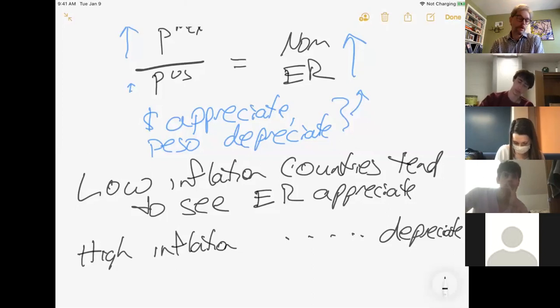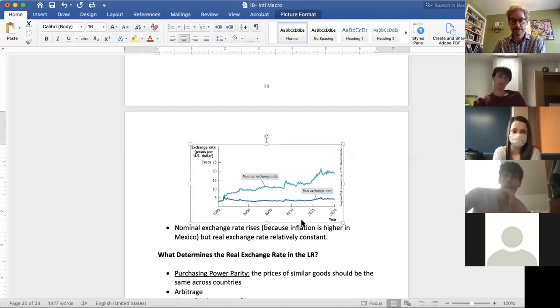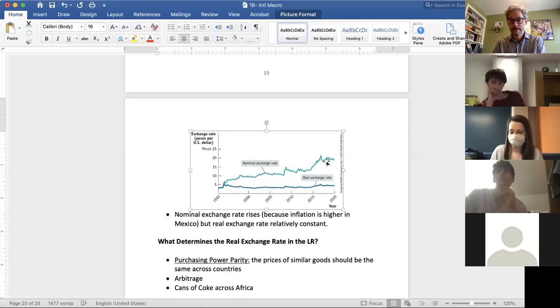So for instance, over the long term, the dollar tends to appreciate against the peso. I think I just showed you some data here, a figure that shows exactly this. Notice that you're getting more dollars per peso over time. The dollar is appreciating. Why? Because inflation is higher in Mexico than it is in the United States.